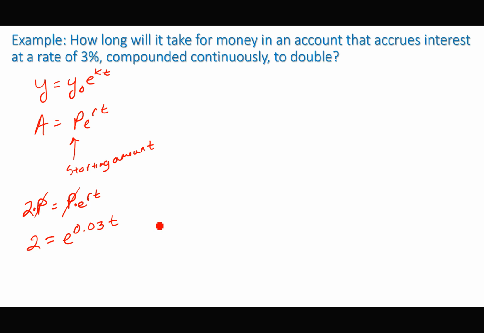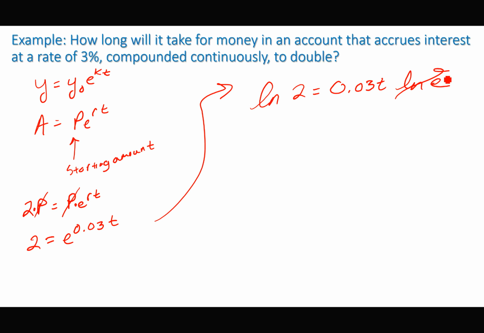We can do this with natural logs. So I'd say natural log of 2 equals 0.03t natural log of e. That goes to 1. So natural log of 2 divided by 0.03 would equal t. And I work that all out, and I get 23.10.